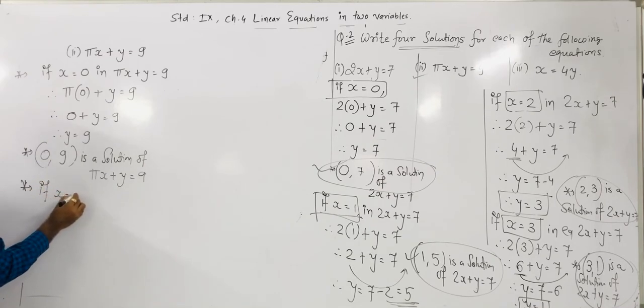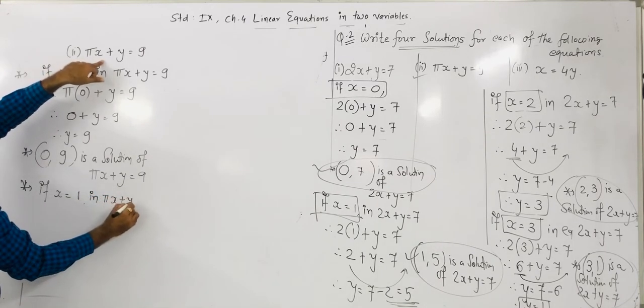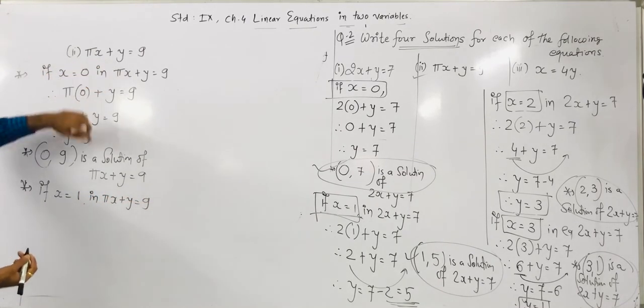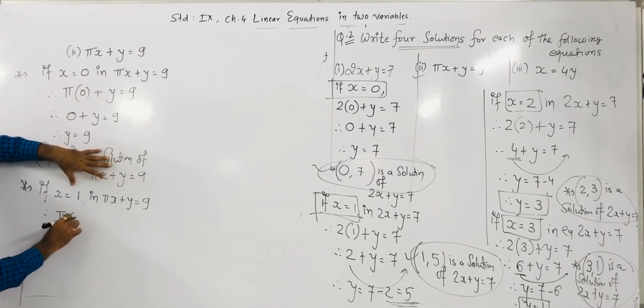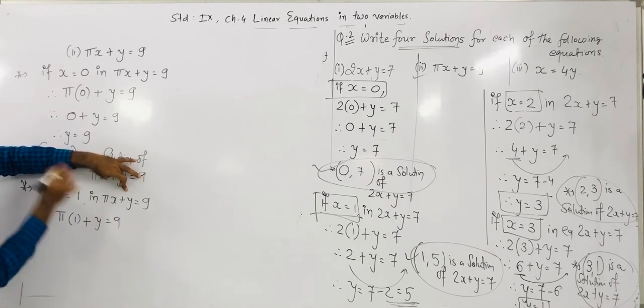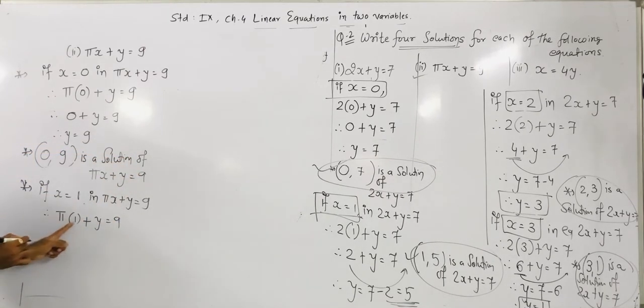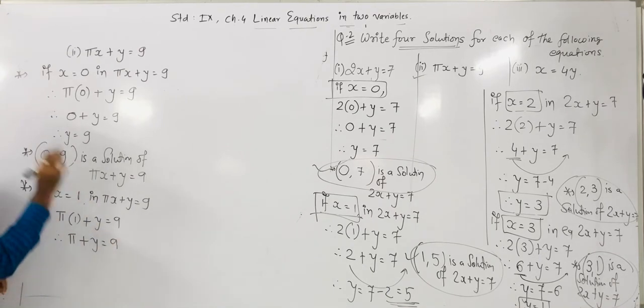If x is equal to 1, I take in that given equation pi x plus y is equal to 9, then in place of x I have to put which value? 1. So pi into 1 plus y is equal to 9. Okay, so pi into 1 means pi only. So plus y is equal to 9.